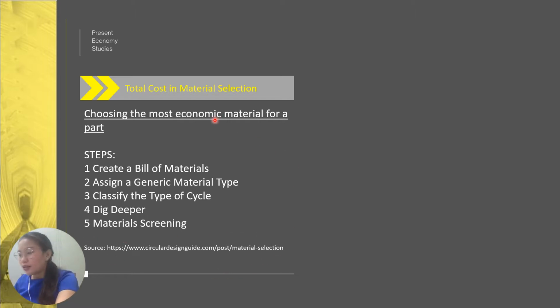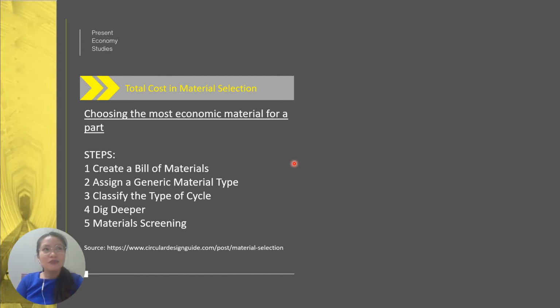This article is entitled Material Selection, and this covers the steps in choosing the right materials. But this article is specific to new circular design. So it considers the circular economy.